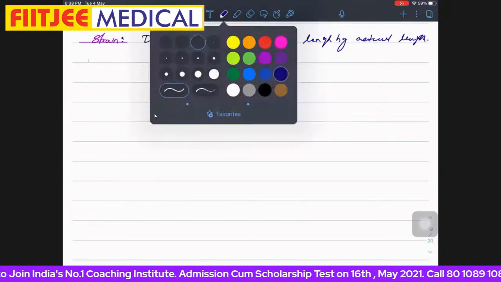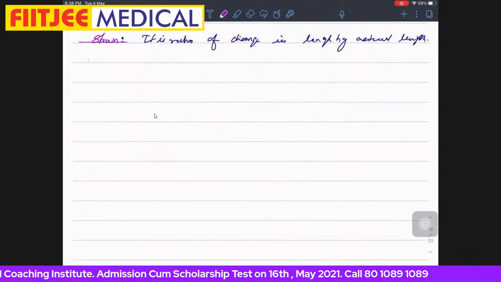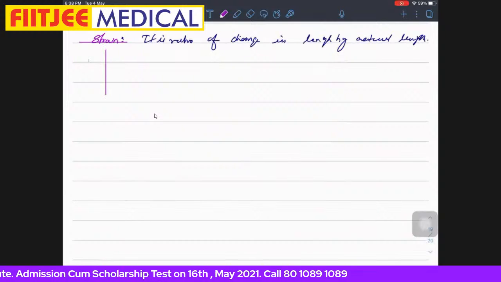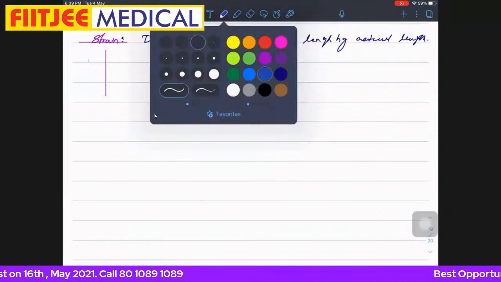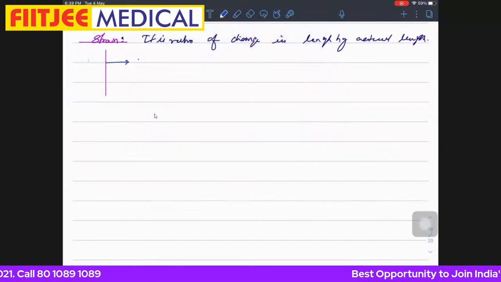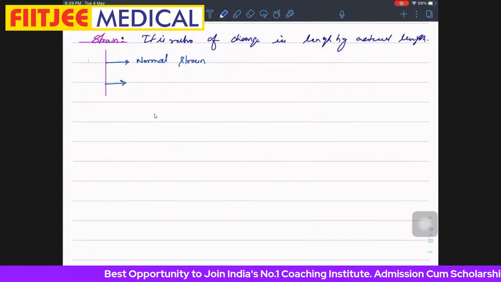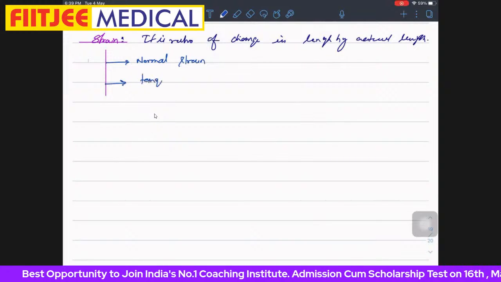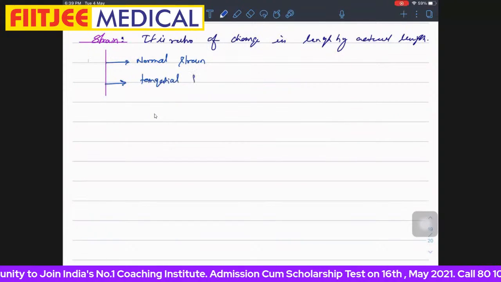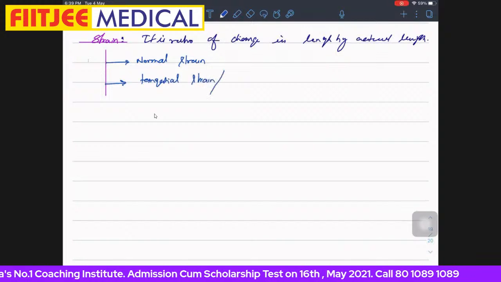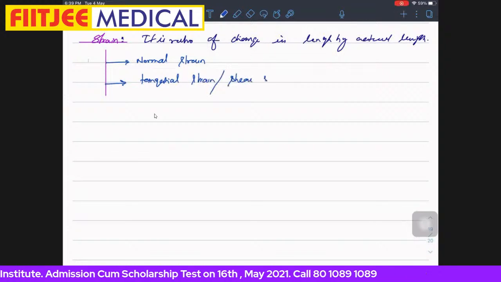So here also we define the same thing. The strain will be of two types. One will be normal strain, another one will be tangential strain or shear strain.